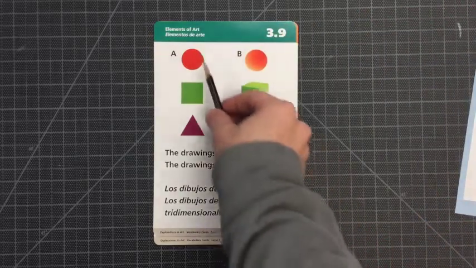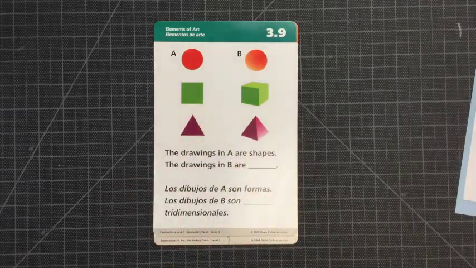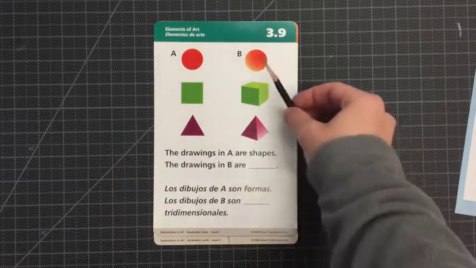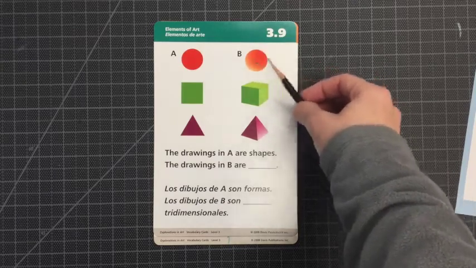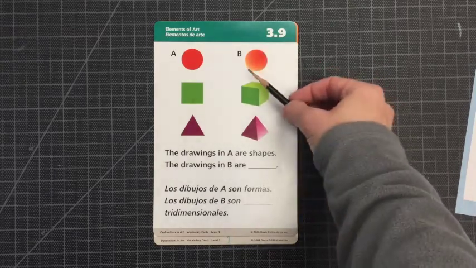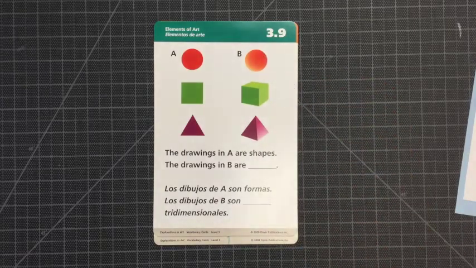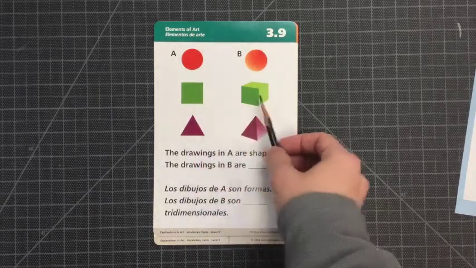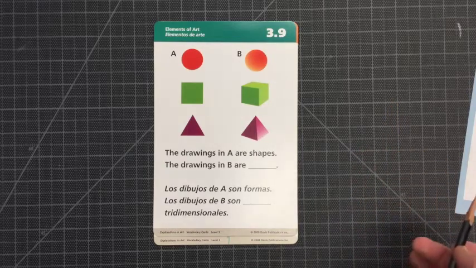So here again we have the circle, the square, and the triangle in column A. But in B, we have a circle that's been shaded so that it's light on one side and dark on the other. This represents a sphere. And this square has shading that makes it look three-dimensional.